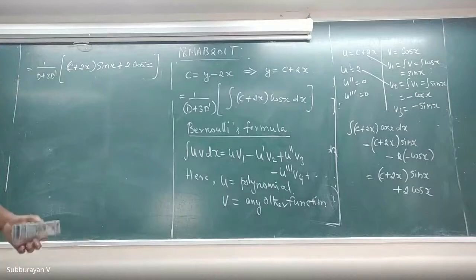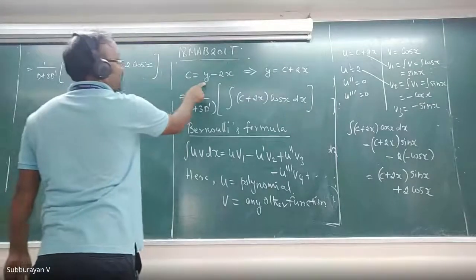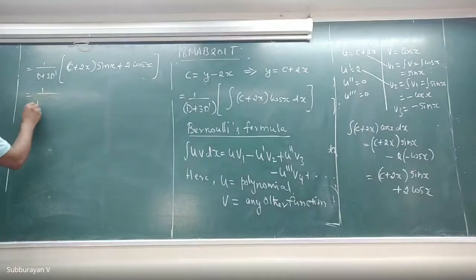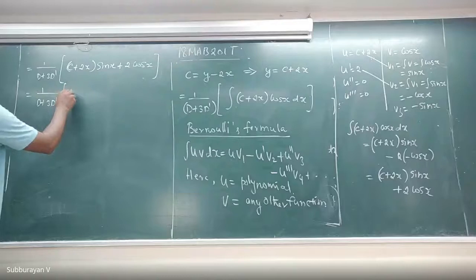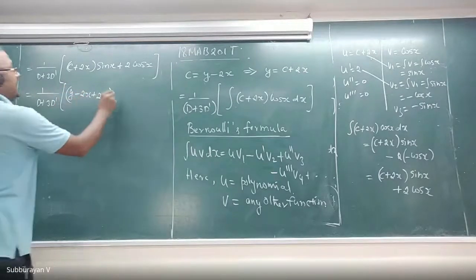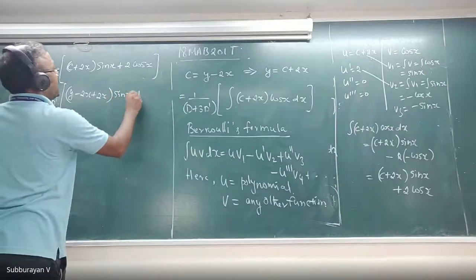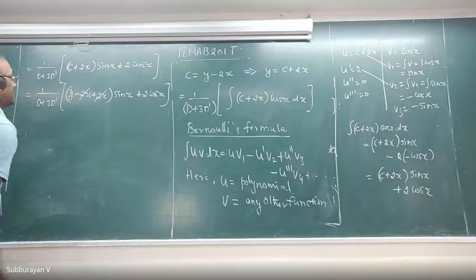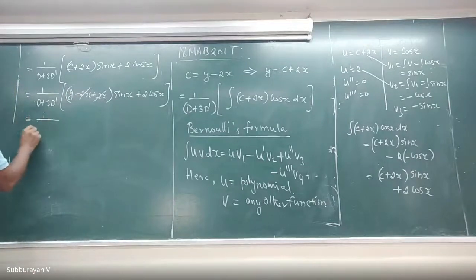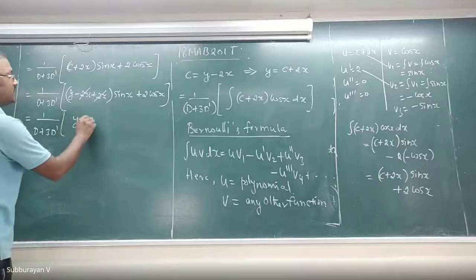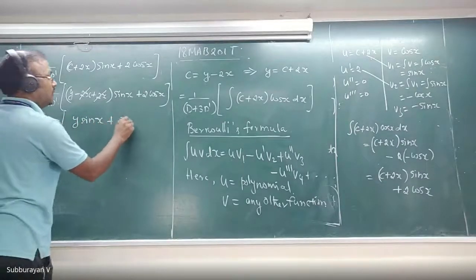Now what is our c? Our c is nothing but y minus 2x. Therefore this is equal to 1 divided by d plus 3d dash into y minus 2x plus 2x into sin x plus 2 cos x. Now this gets cancelled, remaining 1 divided by d plus 3d dash and then y sin x plus 2 cos x.